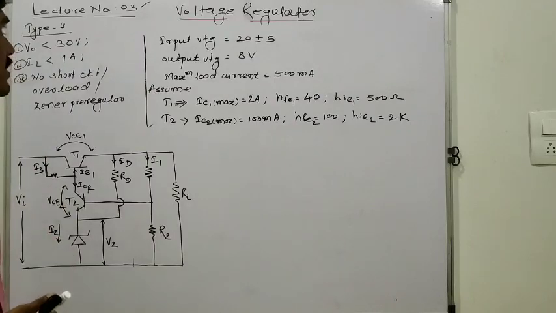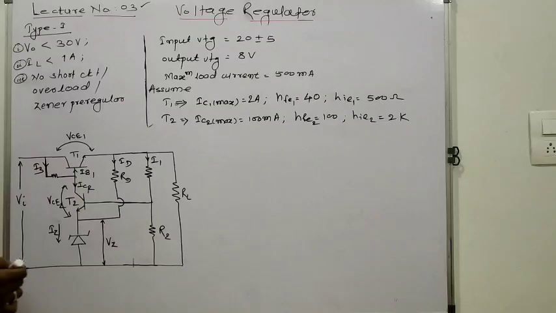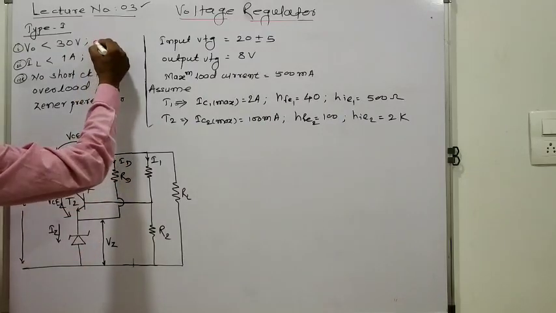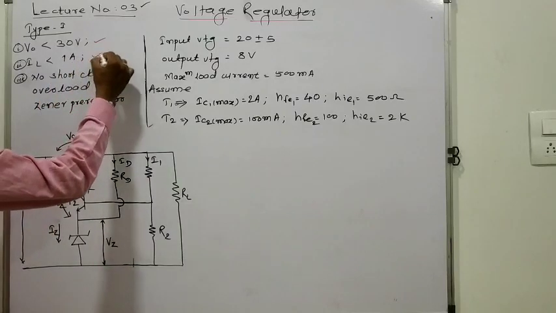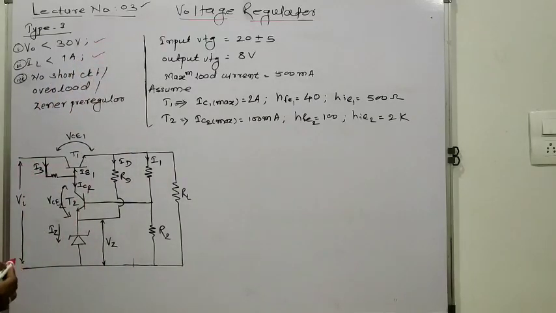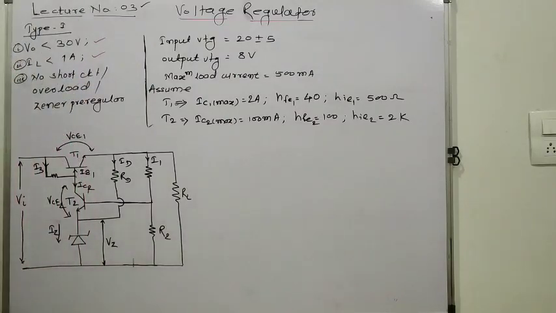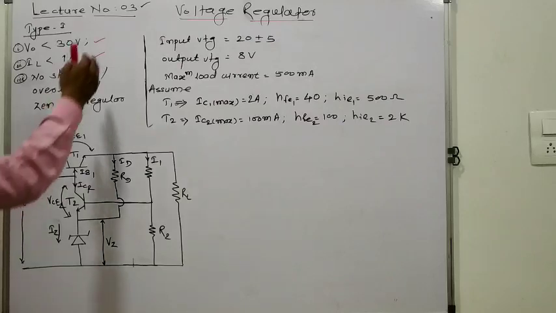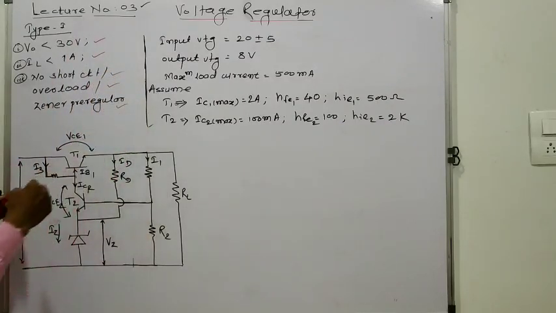So type number 1: when output voltage is less than 30 volt, load current IL is less than 1 ampere, there is no short circuit protection, no overload protection, and no Zener pre-regulator is available, that comes under category number 1. So we directly go for the first problem.